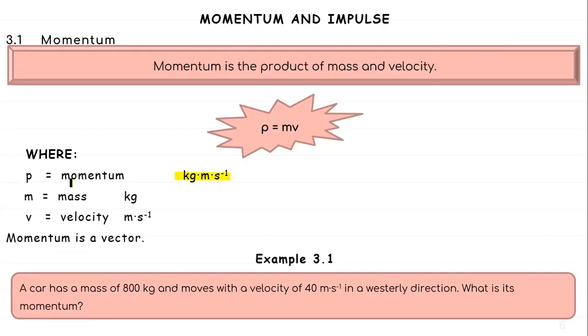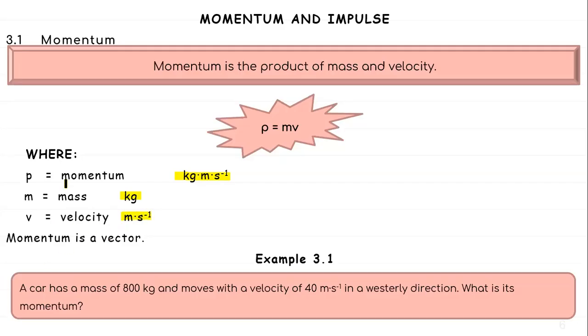So we measure momentum in kilograms dot meter per second, and the symbol is p. Again, remember that p has to be a small letter p. And the m in the formula represents the mass, and we know the mass must be measured in kilograms. Then the v represents the velocity, which is measured in meters per second.